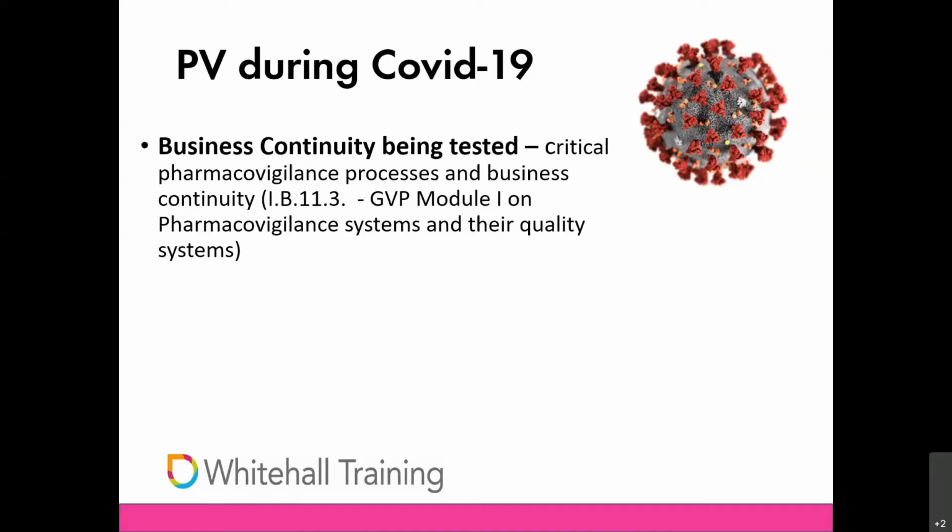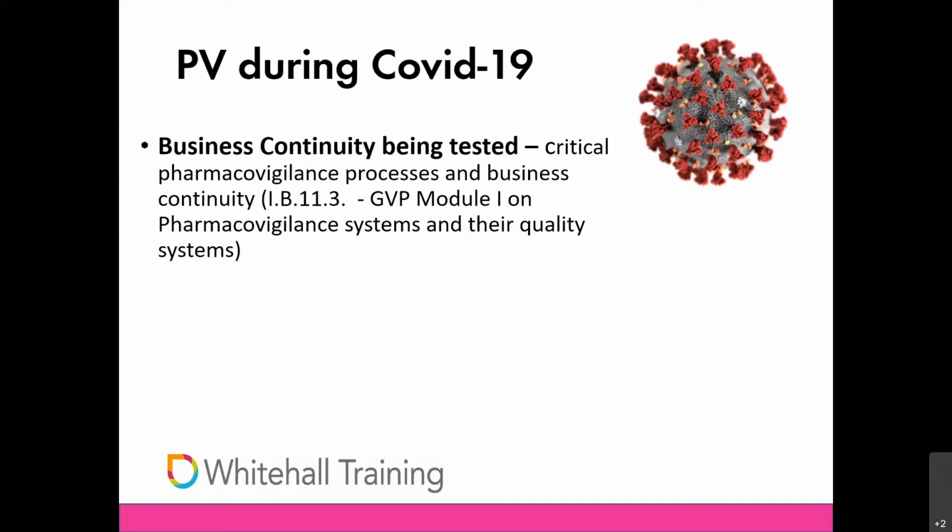That particular section lists out all of the things that need to happen regardless. So it lists the tasks that need to carry on and requires risk-based business continuity plans to have been put into place. When I email out the information following this webinar, I will email you all the link to this IB 11.3.